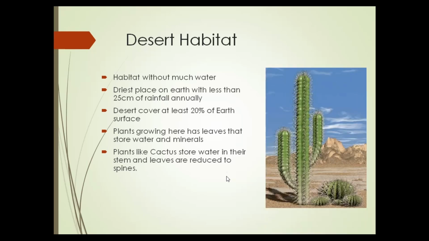Here the green color is the stem which stores water. The spikes or spines are the leaves of cactus plants. These plants typically have very long roots that go very deep in soil in search of water.